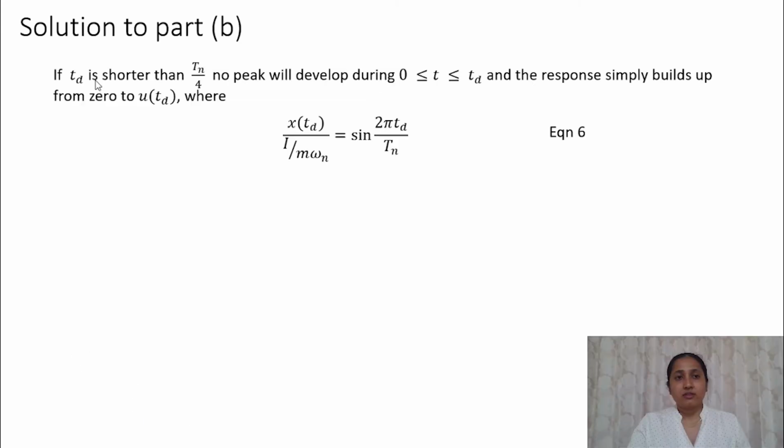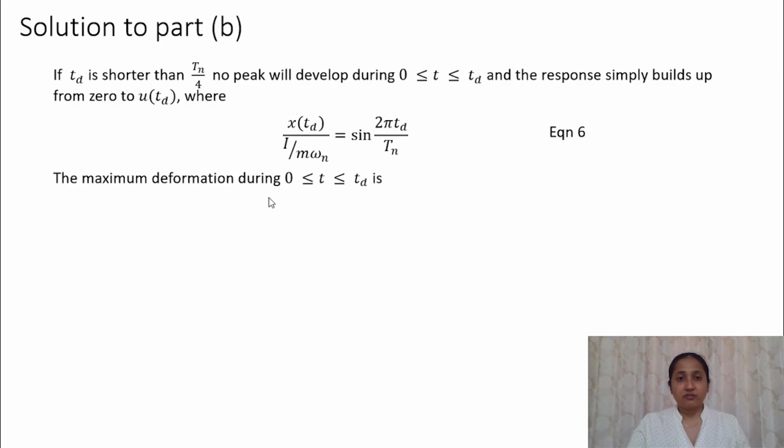If Td is shorter than Tn by 4, there won't be any peak developing in this time zone, but the response will increase from 0 to its value at Td, and the maximum displacement can be calculated using the first impulse response.